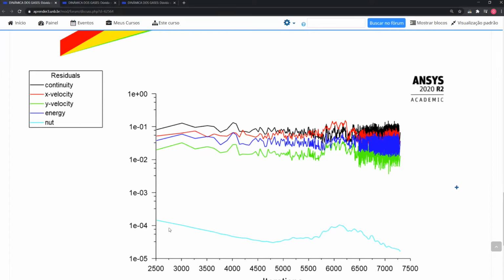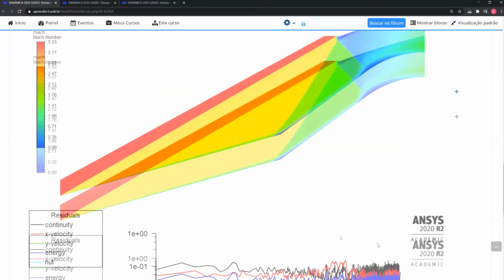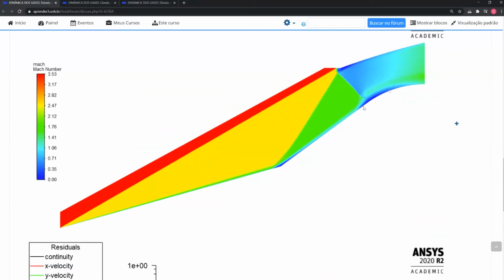And already has 10 minus 4, so the viscosity in the boundary layer already has been established, and the change is very low from one step to another. It means that your boundary layer has already been formed in this simulation and will not evolve anymore. So you finish this simulation at this point when you reach this flow structure and produce the final report.